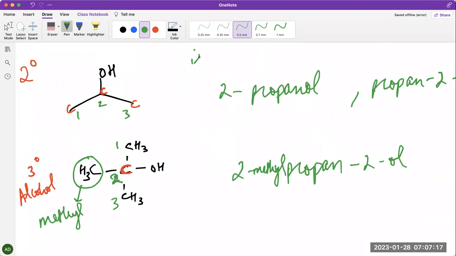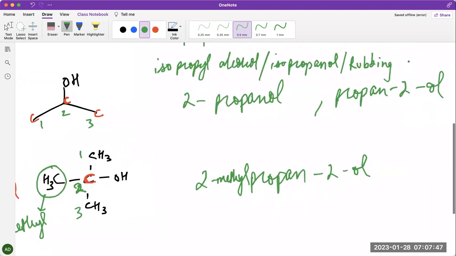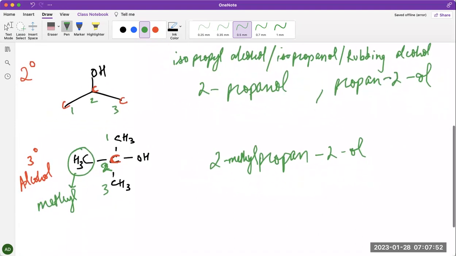So this alcohol is very commonly known as isopropyl alcohol, and I'm pretty sure you've seen this labeled somewhere. Isopropyl alcohol is the same thing as isopropanol or rubbing alcohol. These are just some common names for this alcohol. This is the alcohol which is used in sanitizers, right?